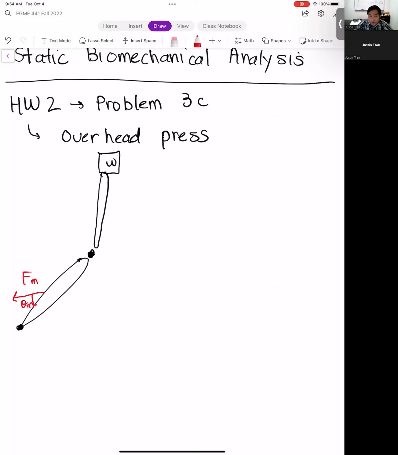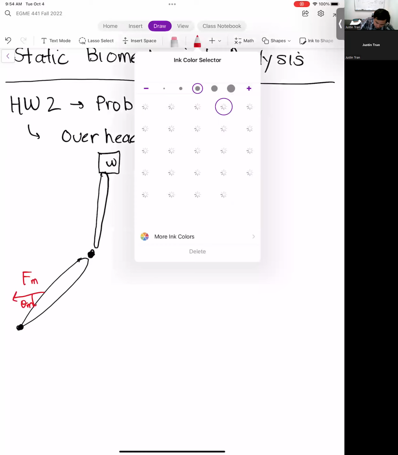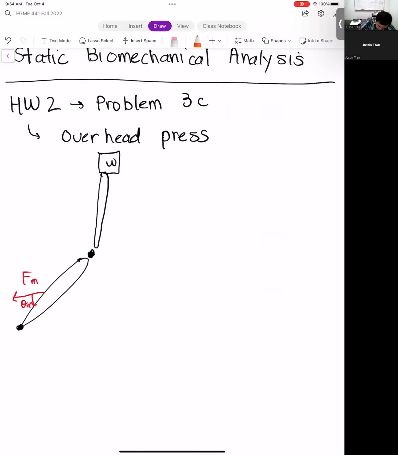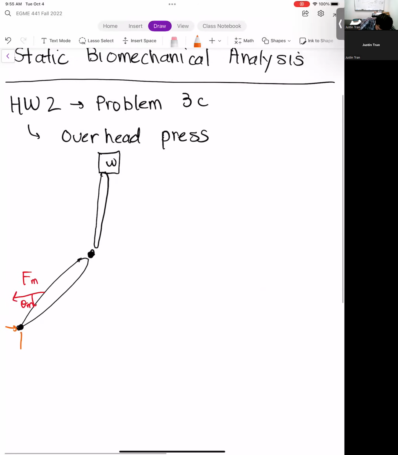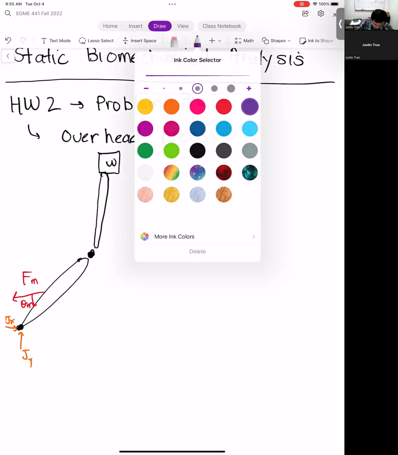The angle we're given there is theta m. In addition, we have our joint reaction forces, which unfortunately got cut off a little bit here. So we have Jx, Jy, as we typically do.